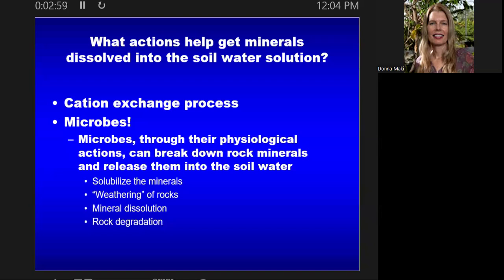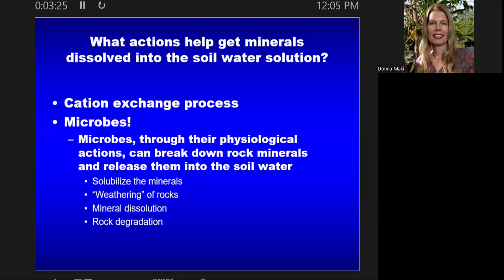You may hear this phrased in different ways. I tend to say that they solubilize the minerals because that's the key thing. The plant roots have to have access to the minerals in the water solution. They can't just grab it off the soil particle. You may hear it expressed as weathering of rocks, mineral dissolution, rock degradation. Okay, so this is something that microbes are doing.